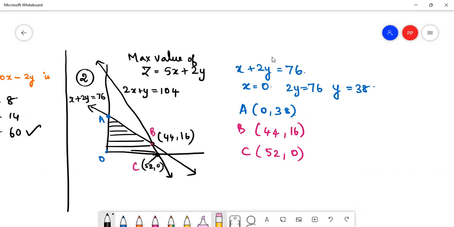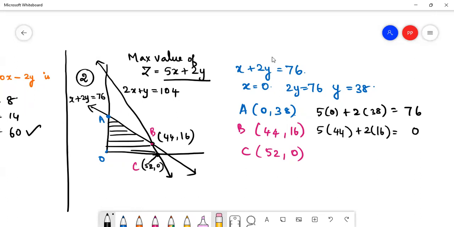You have to substitute in the equation. So 5 into 0 plus 2 into y. Okay.